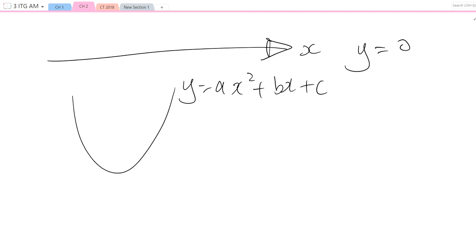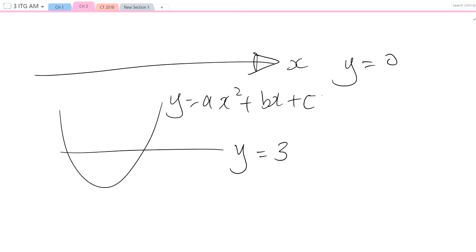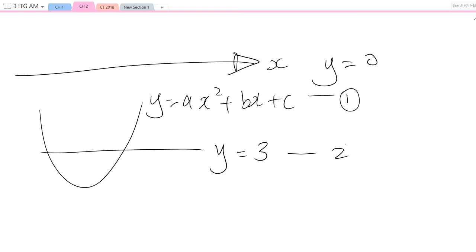Now I have a line, for example, like this. Y equals to 3. Okay, so I've got equation number 1 and equation number 2. If I were to solve them simultaneously and I get 2 values, how many values of x do you think I'll get?